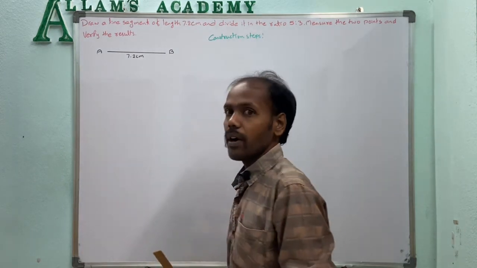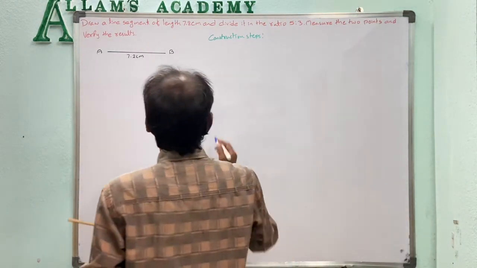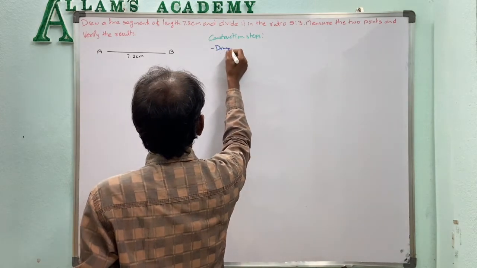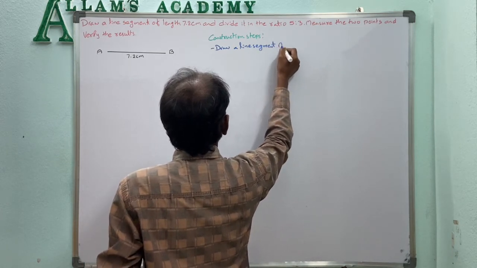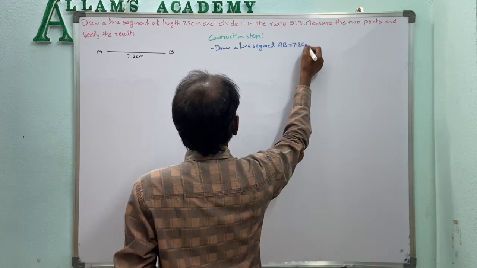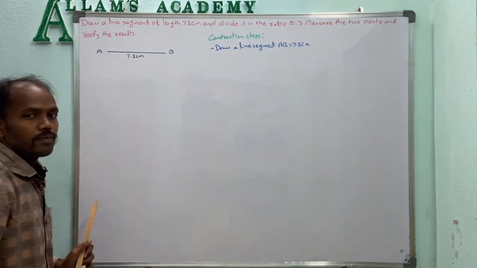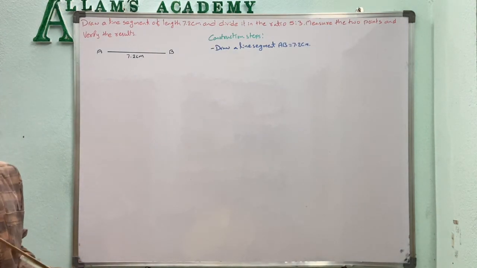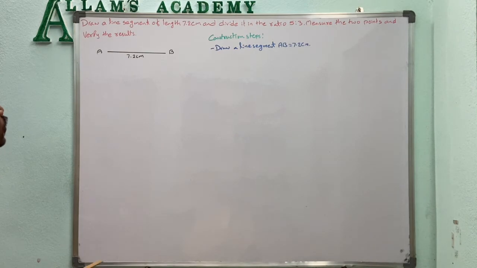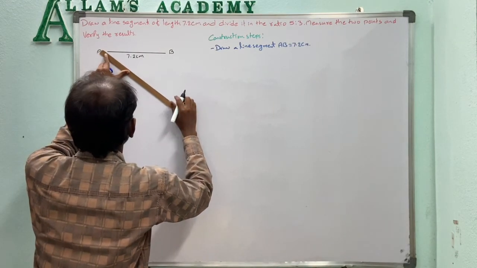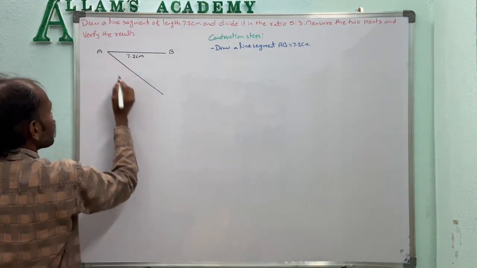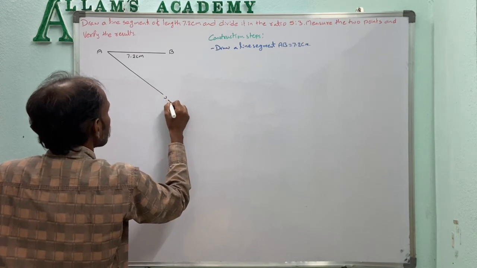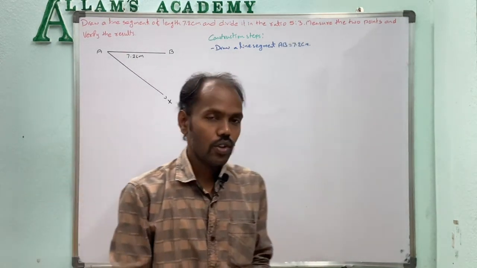The first step: draw a line segment AB equal to 7.2 centimeters. Next, from A, draw an acute angle BAX.